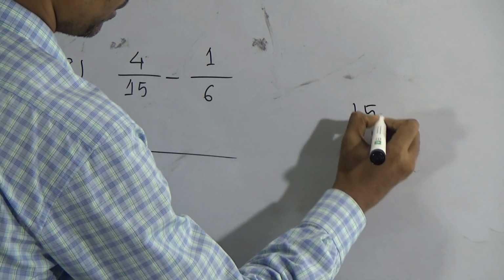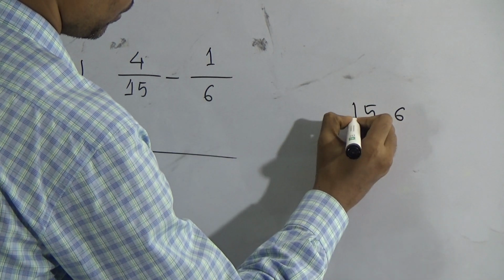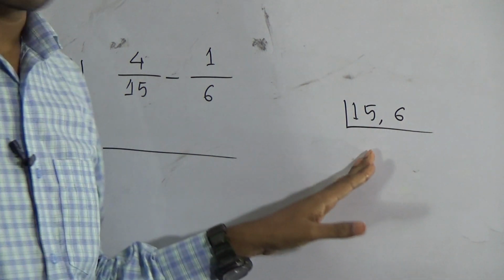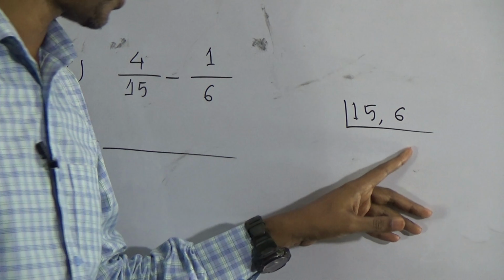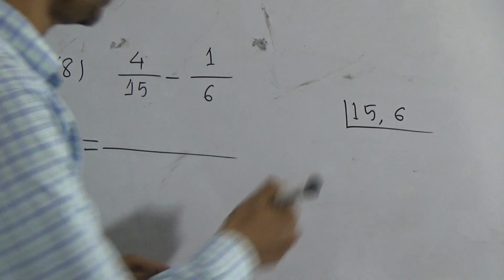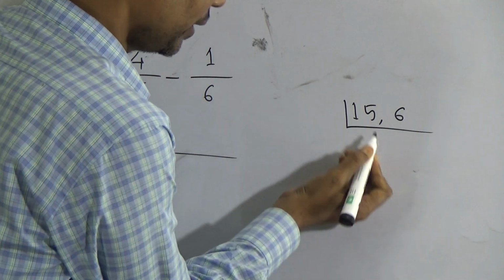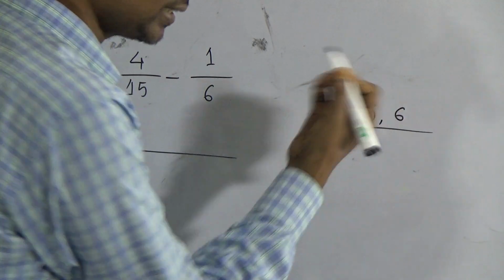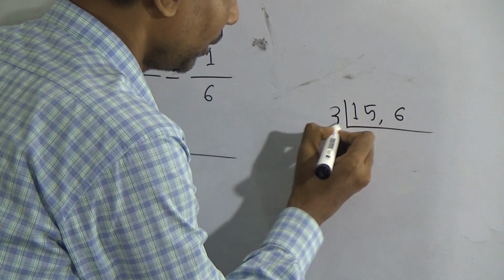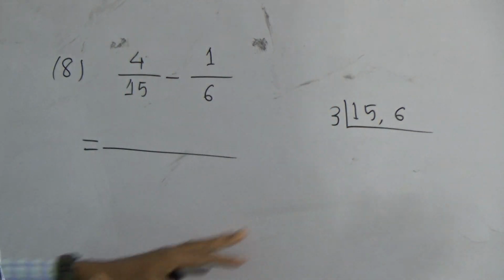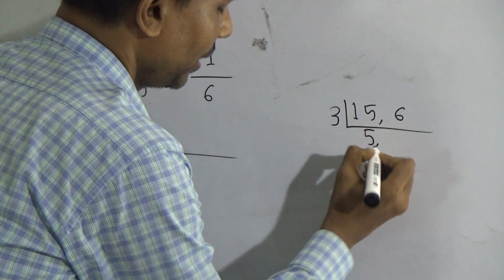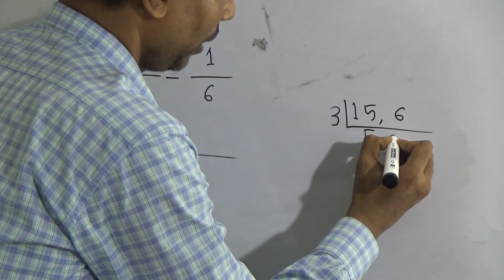Look, you have to select a prime number so that both the numbers are divisible by that prime number. That means if you select here 2, then 15 is not divisible, but 6 is divisible. So you have to select here 3. If you divide 15 by 3, then you get 5. Divide 6 by 3, then you get what? 2.